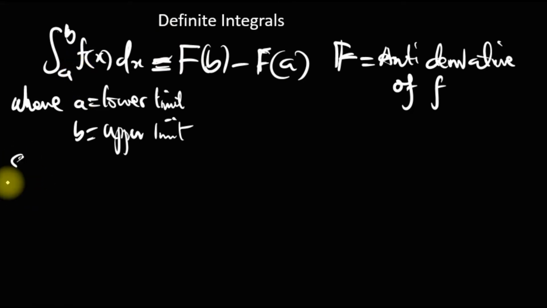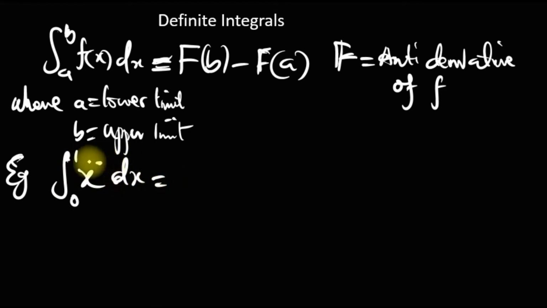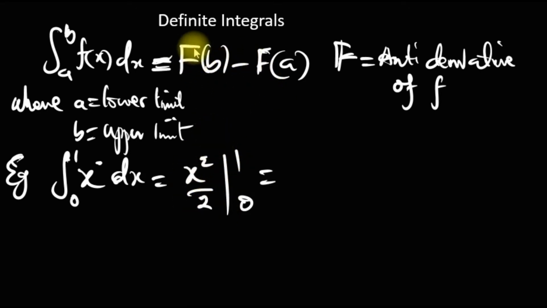Example, if you have the integral of x from 0 to 1 dx. So this means find the antiderivative of x, which is x squared over 2, which is now this F here.